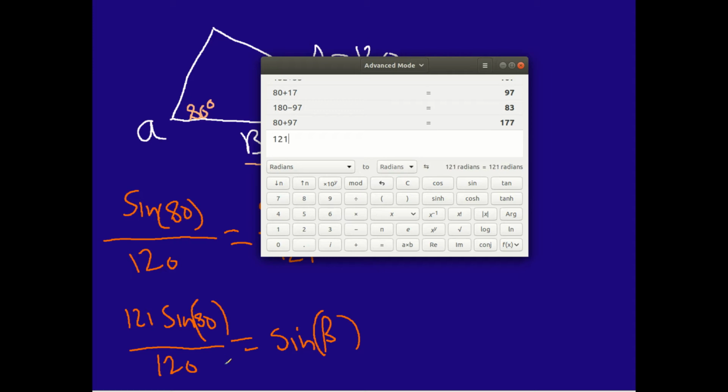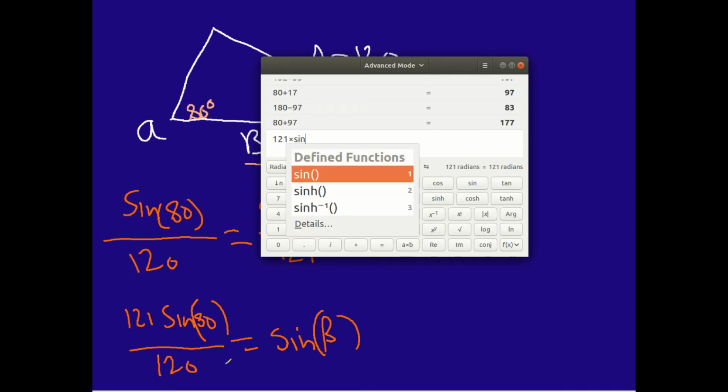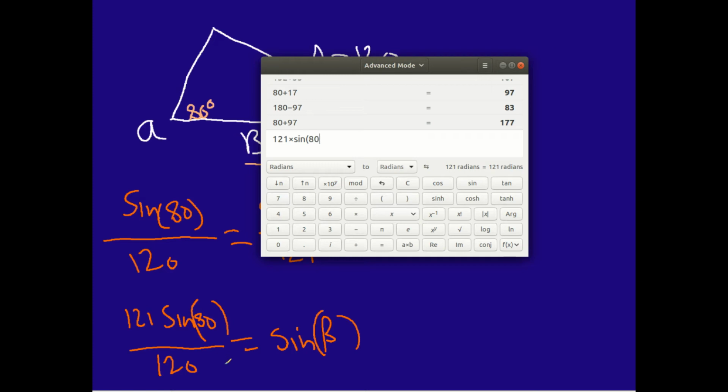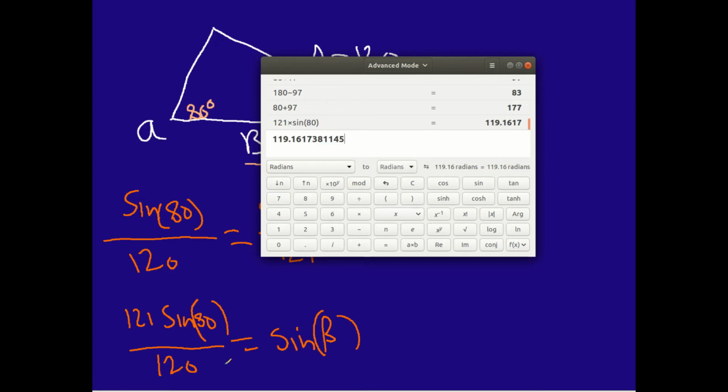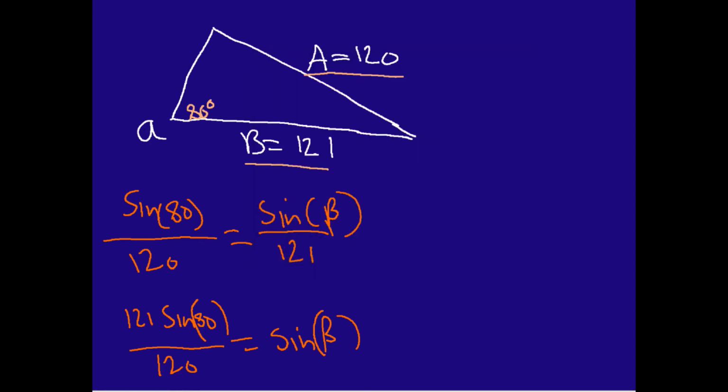So 121 times sine of 80, then we divide this by 120, and we get 0.993. So sine of beta equals 0.993.